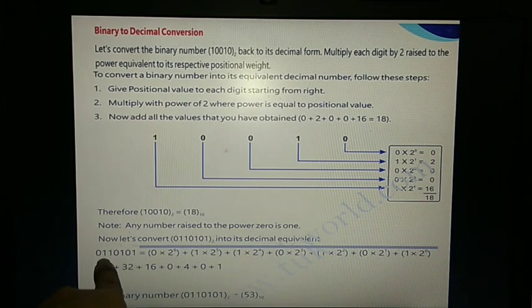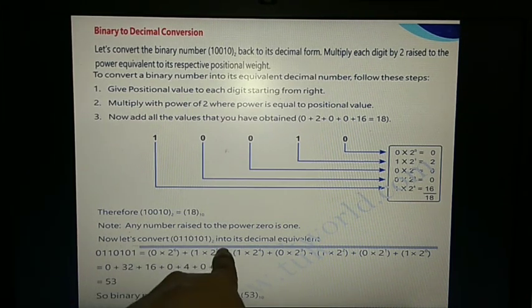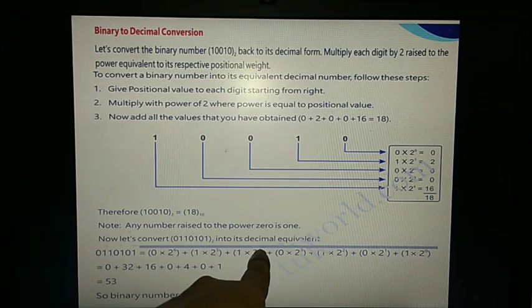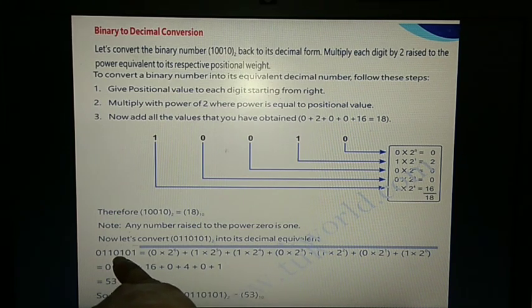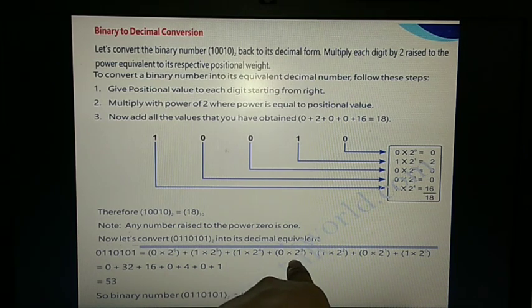Plus 1 into 2 to the power of 5. Plus 1 into 2 to the power of 4. Plus 0 into 2 to the power of 3.